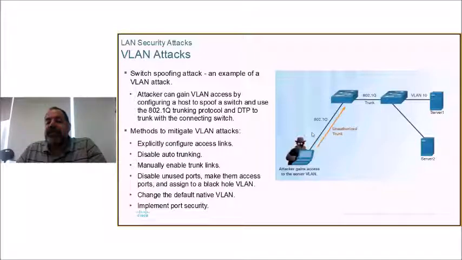From there, it'll see the traffic of all the VLANs, and they can talk to any VLAN, even ones they shouldn't be able to talk to. They'll also see a lot more traffic than they would have otherwise. So again, certainly not a good plan.